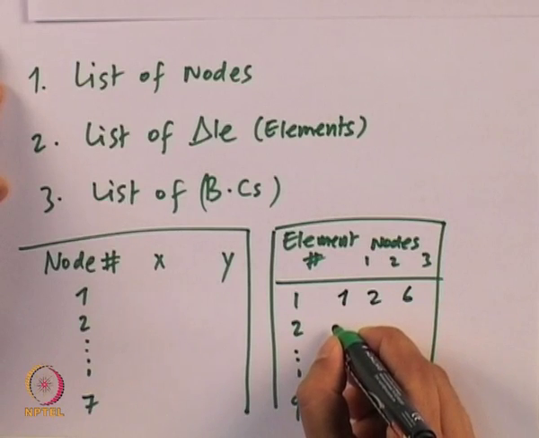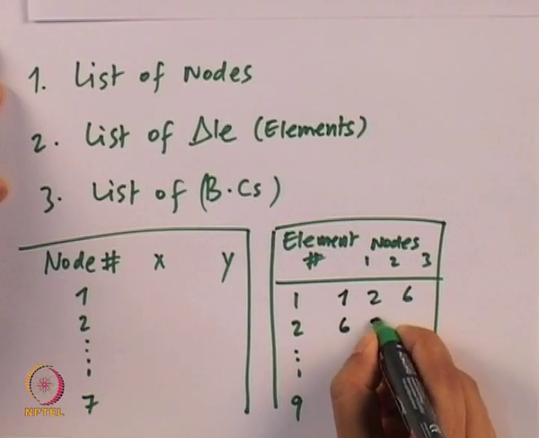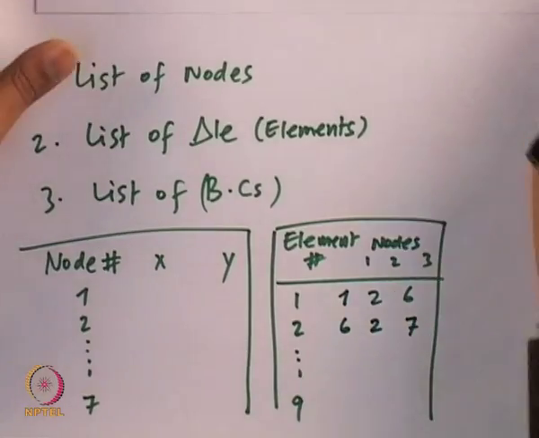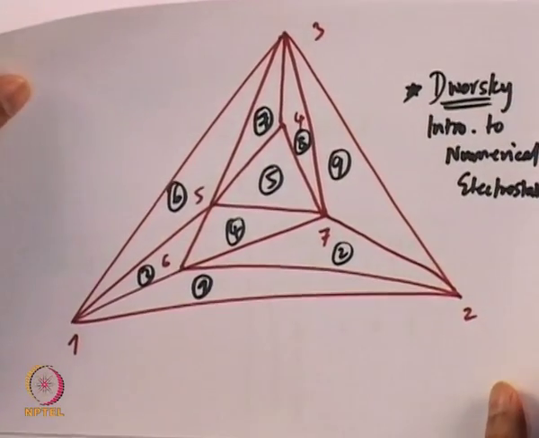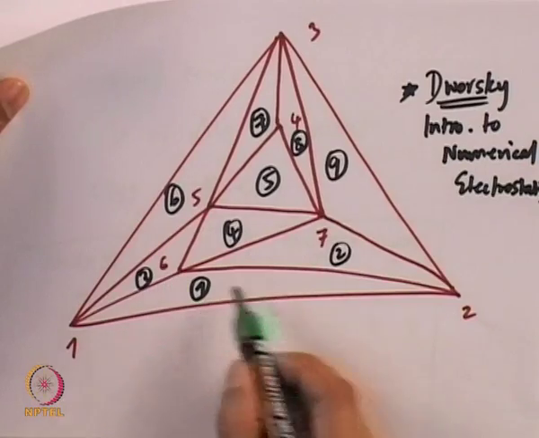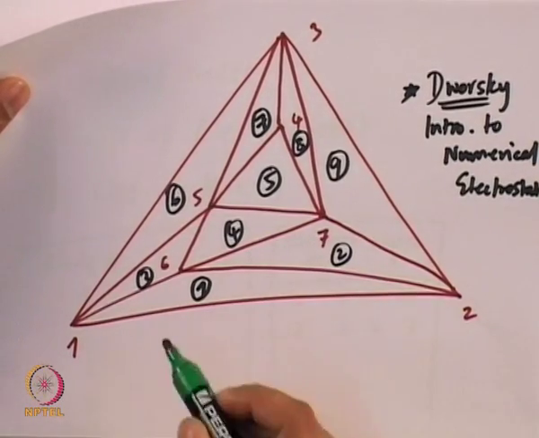Similarly for the second one, it will be given by 6, 2 and 7. You can go and look at it here. So on and so forth.